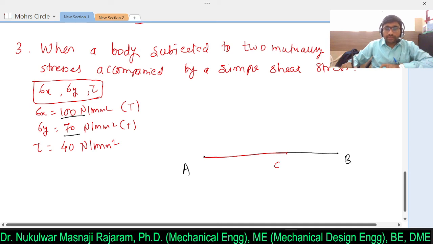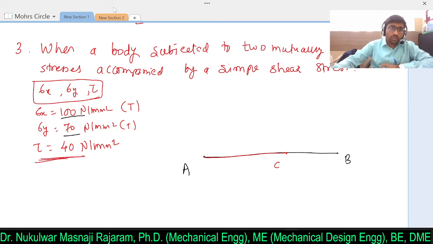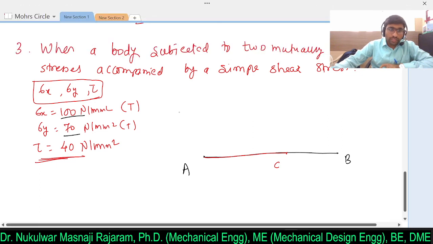So this was the previous case, and here we were considering CB as a diameter and we drew the circle. Now the case is different. Now here we are going to consider the tau. So when shear stress is given, as we know that on horizontal direction we are taking principal stresses, and on vertical direction we are taking the shear stresses simply.